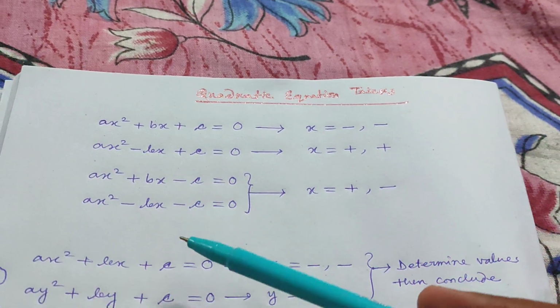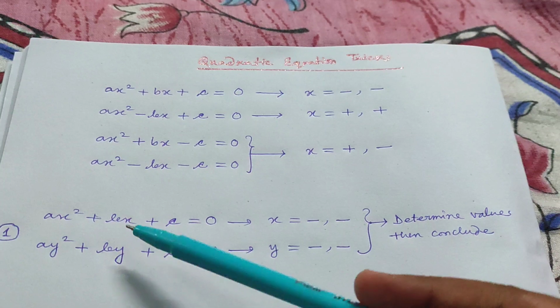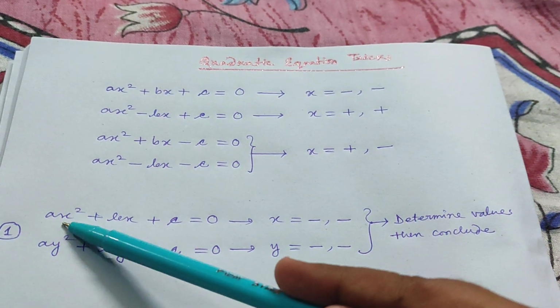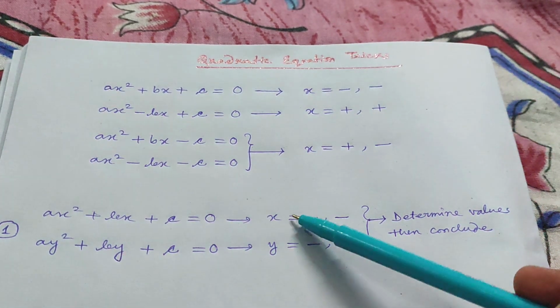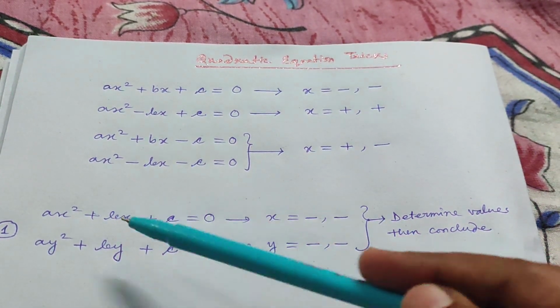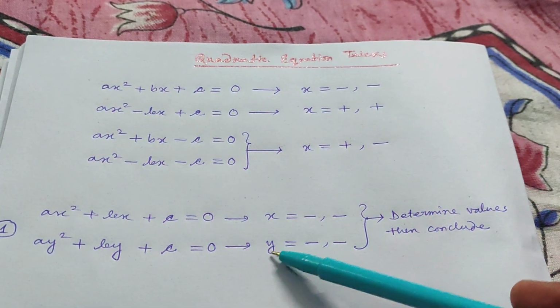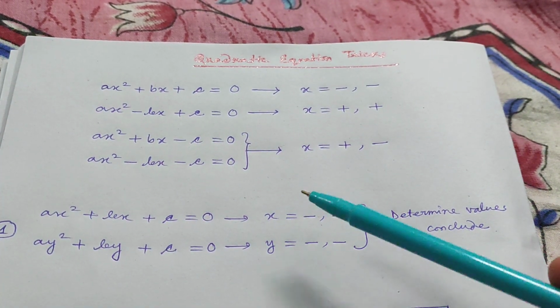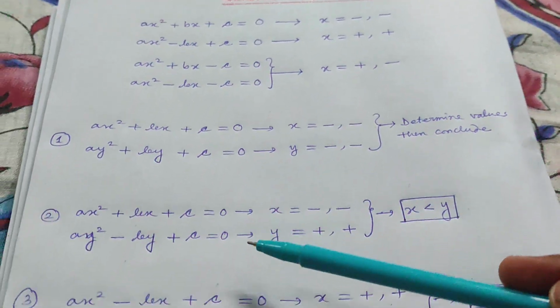Now, in your examination, how does the question come? They give you two equations. The first one is like ax square plus bx plus c equal to 0, where you have to find the two values of x, and the second one is ay square plus by plus c equal to 0, where you have to find the two values of y. Then they ask which option will be correct.